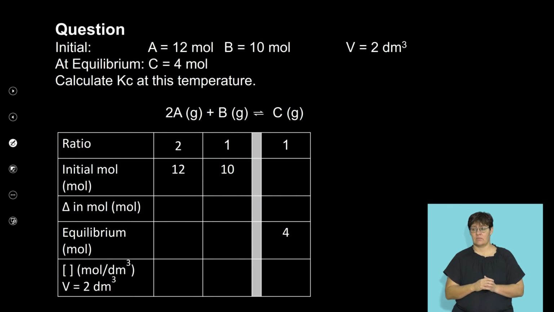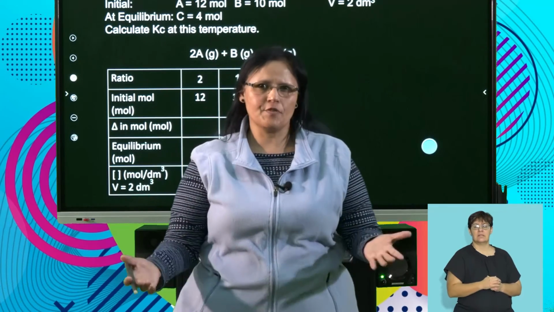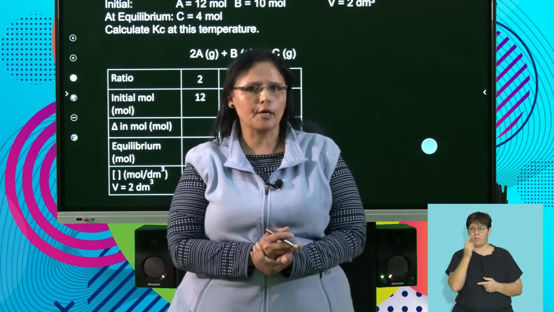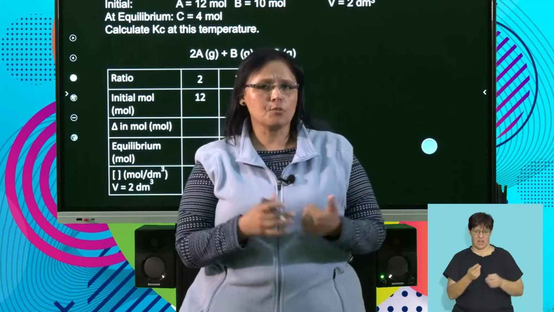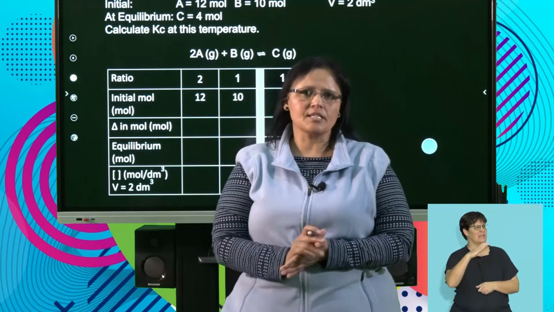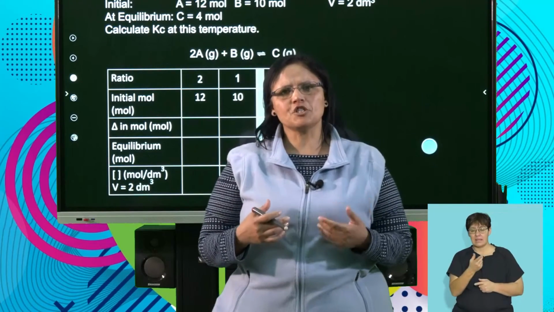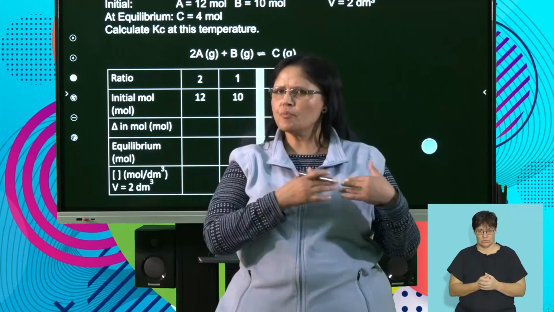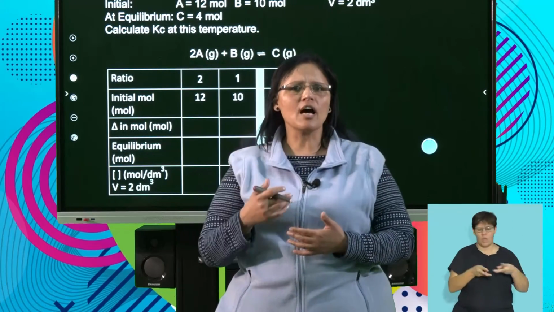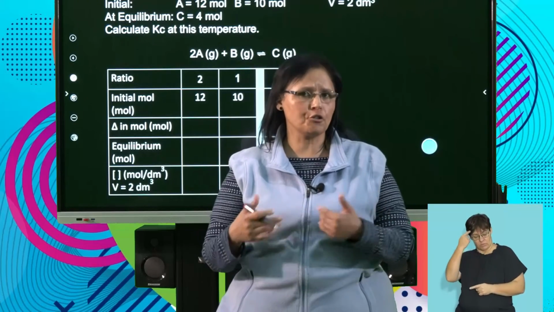When we work with this, we have what we call, teachers call it different things. I call it the rice table. Rice is as in rice that we eat. And I will explain to you now why I call it the rice table. The rice table is an ordered way to do the calculations. You can do it in any other way as long as you keep track of what you're doing.